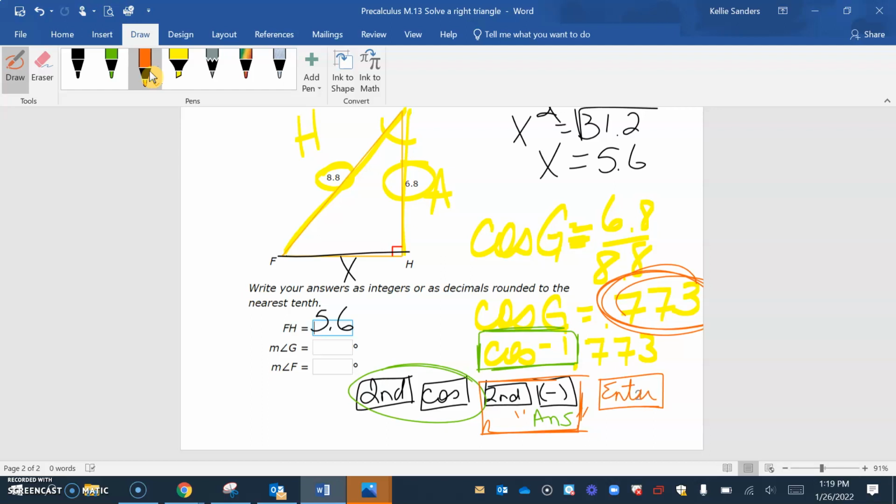So second cosine second answer equals 39.4, which is G. And then you can go ahead and do the 39.4 plus 90, and then subtract that from 180, and get 50.6.